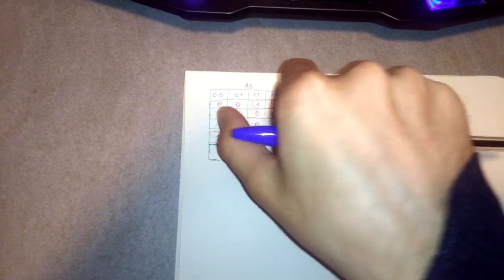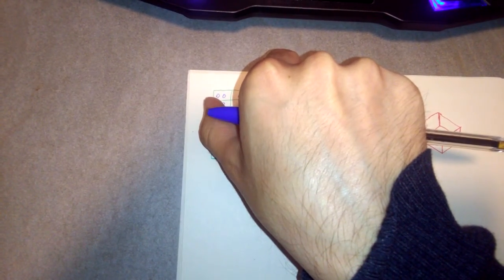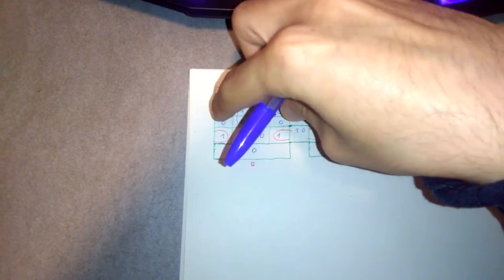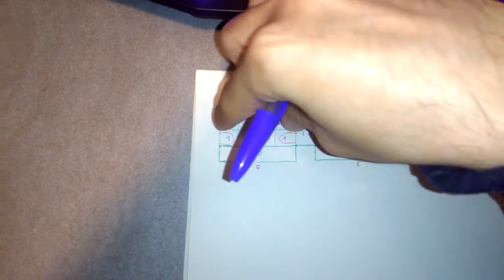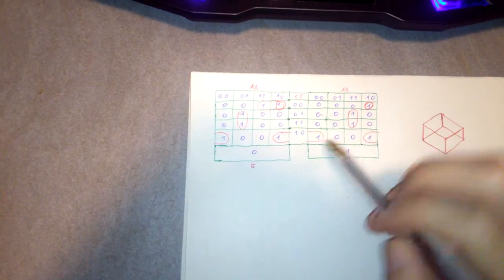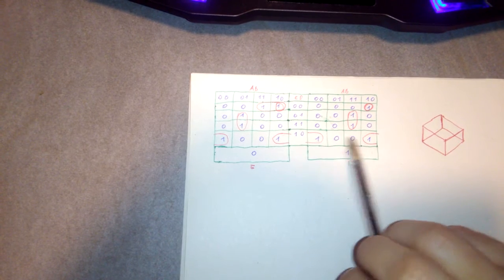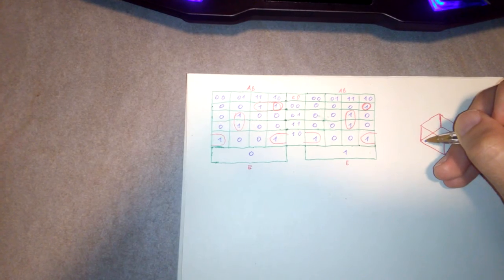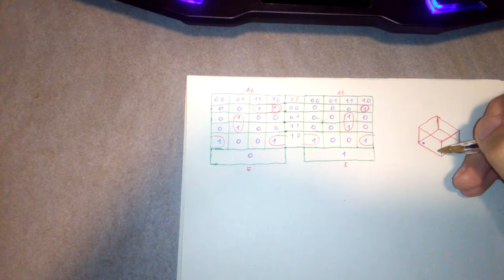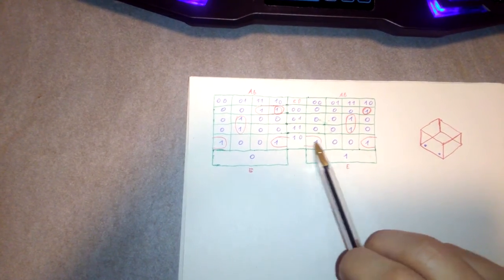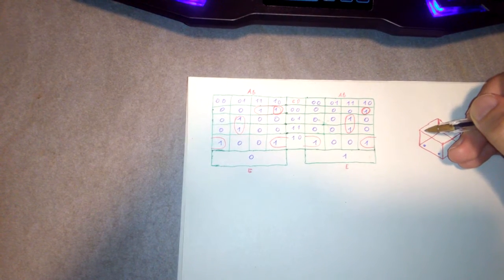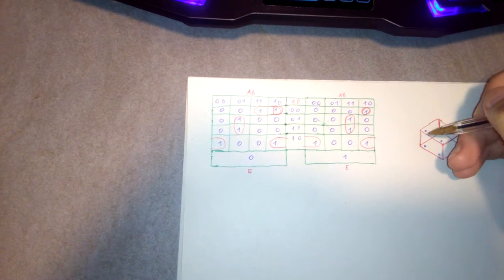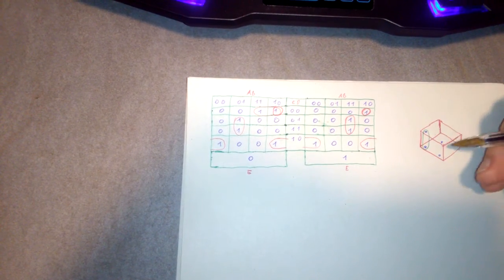So if we take a look at this and think about it like so, we can say that those 2 and those 2 are actually at the bottom and on the top. So we do have those 2 and those 2 at the top. And of course, they're connected, like so.